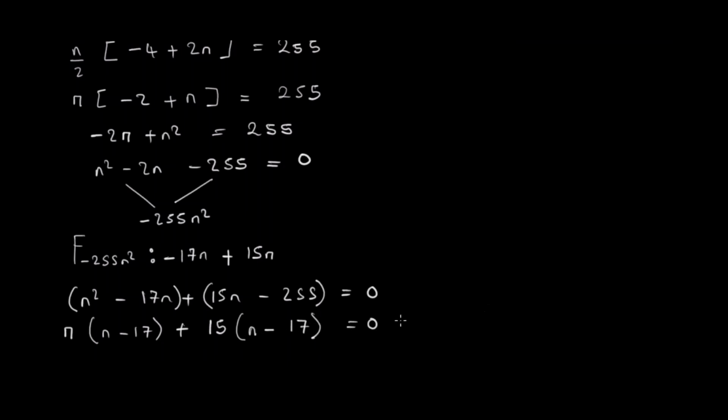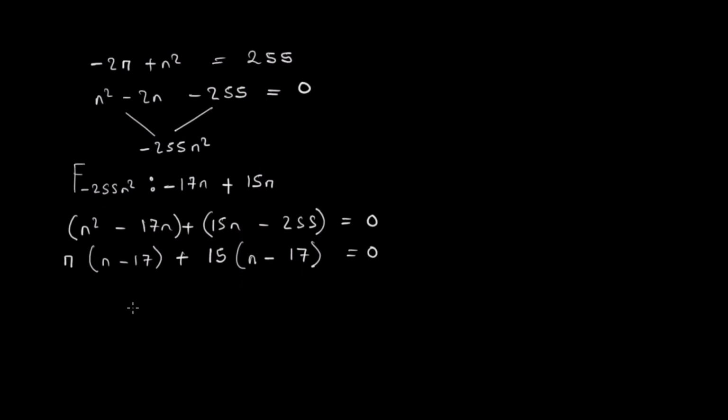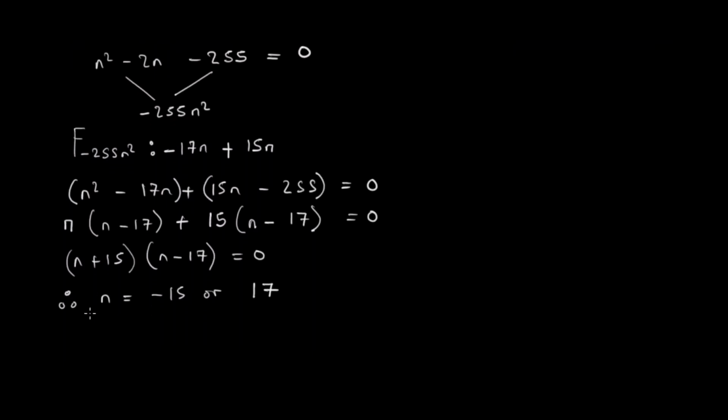And this is equal to 0. Kureva kuti n plus 15, n minus 17 is equal to 0. Therefore, n is equal to minus 15 or 17. But answer yedu chacho ndiana, therefore n inofanira kuva equal to 17.